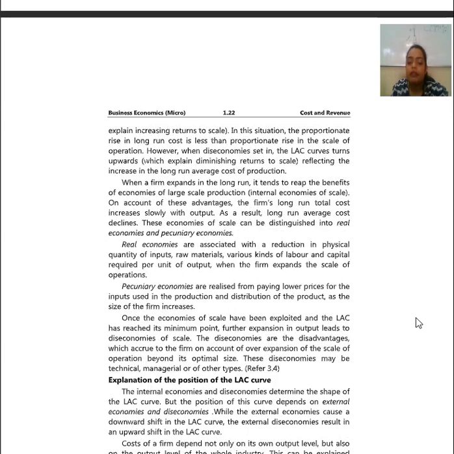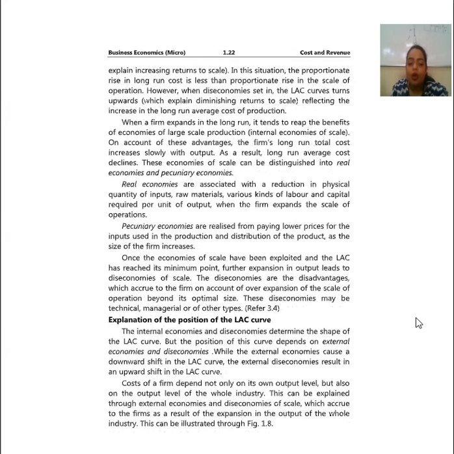However, when diseconomies set in, the LAC curve turns upwards, which explains diminishing returns to scale, reflecting the increase in the long run average costs of production. When a firm expands in the long run, it tends to reap the benefits of economies of large scale production.